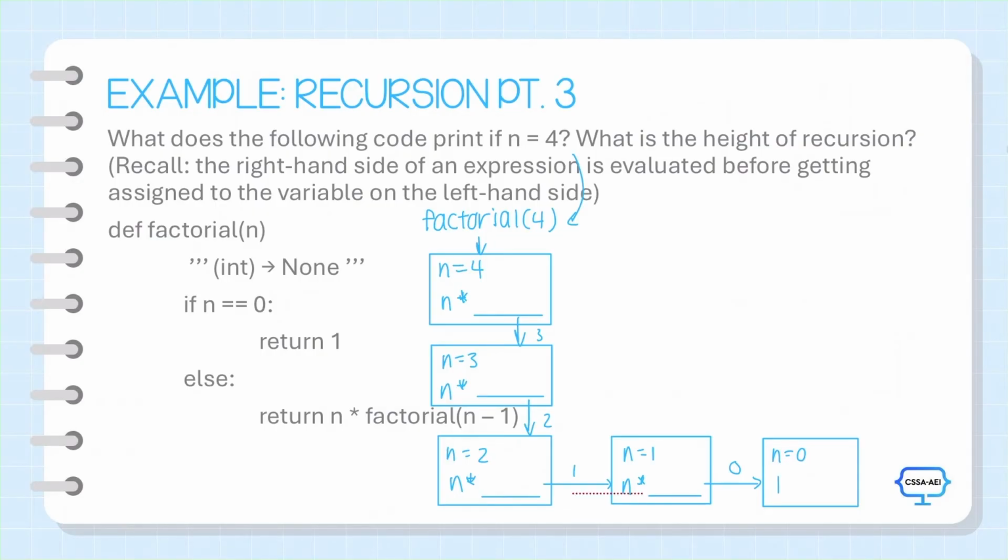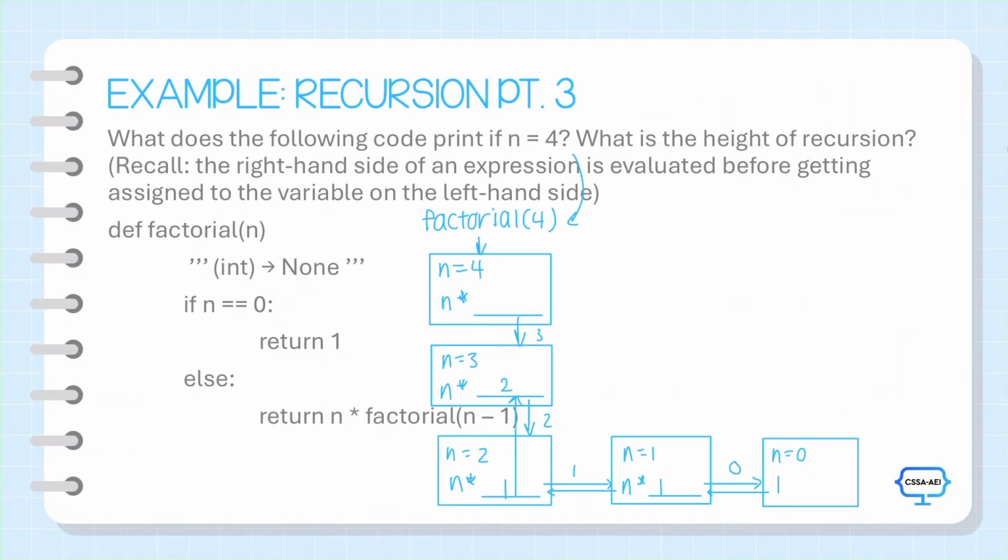So we're going to send that return value back and we're going to fill in all the blanks, because we're waiting for this answer, and right now that answer is 1 for the base case. So we're going to send that back. 1 factorial is n times 1, so it's 1 times 1, and that's 1. And then n times 1, so 2 times 1 is 2, so we're going to send that back.